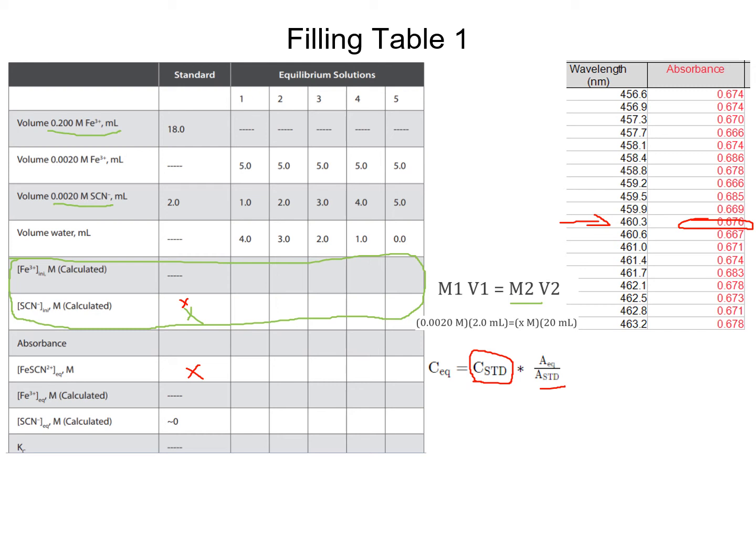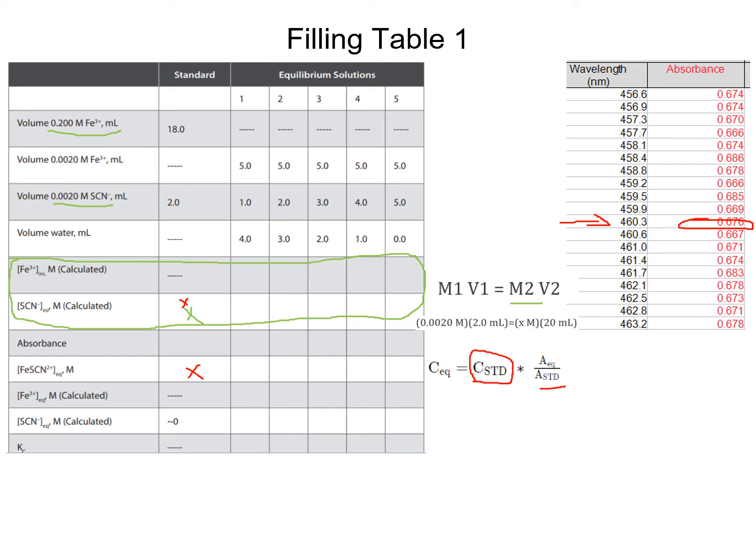Make sure that you know what that is, and also the absorbance value of your sample, which would be any of these here, and that should give you the value of the FeSCN2+ that will go to this column. So the value that you get here is what goes in these columns. Just make sure that you're using the right absorbance values.